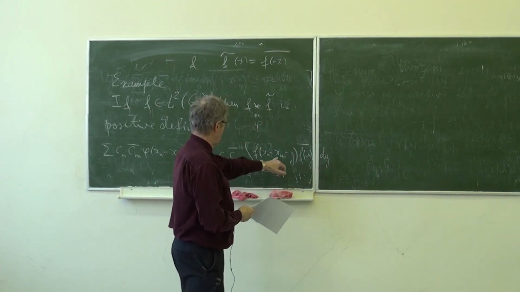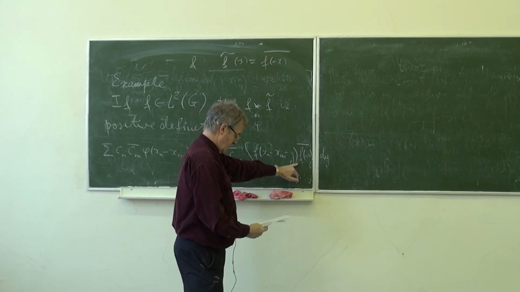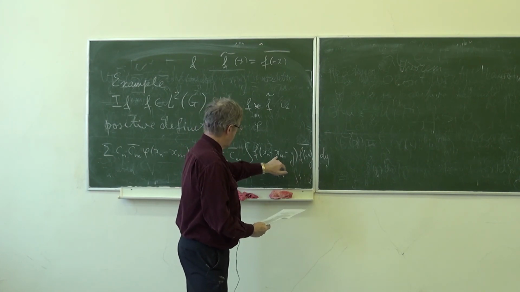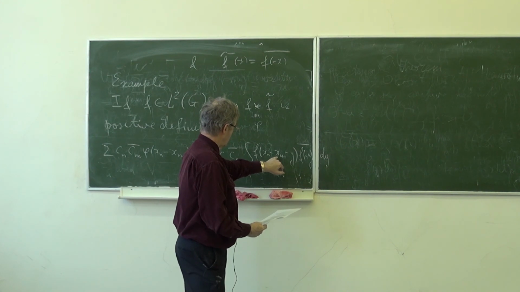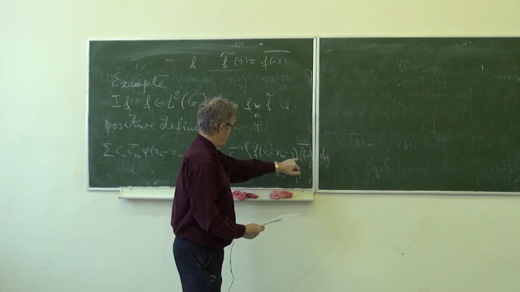After that, we simply change the variable here so that to split this xn and xm between these two factors.